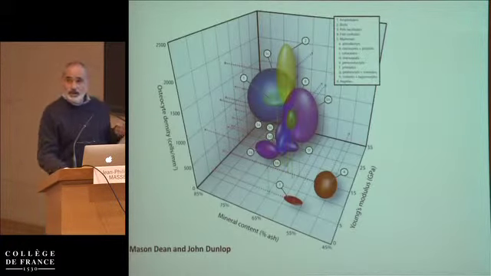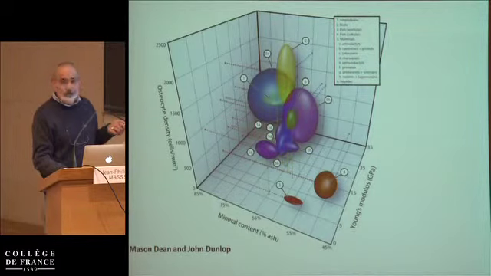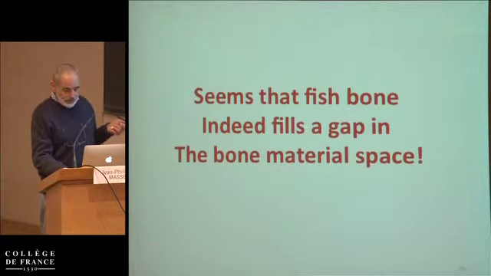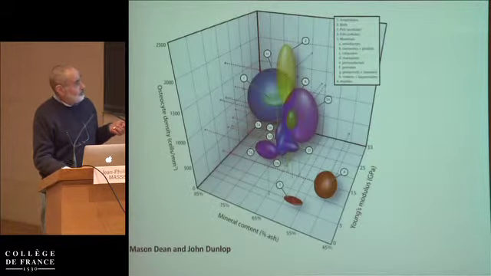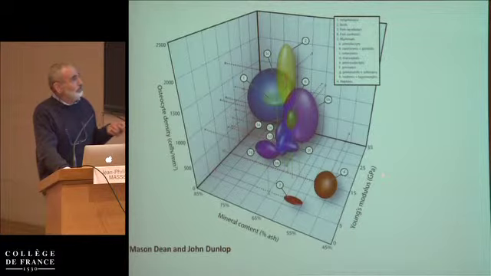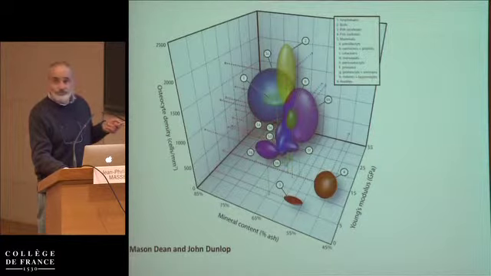This is the work of Mason Dean and John Dunlop. Mason has done a huge literature search, a meta-analysis of the literature, creating the sort of bone material space with mineral content, stiffness, and number of cells. And these are basically all the families of animal, classes of animals you can think of, and these are fish.